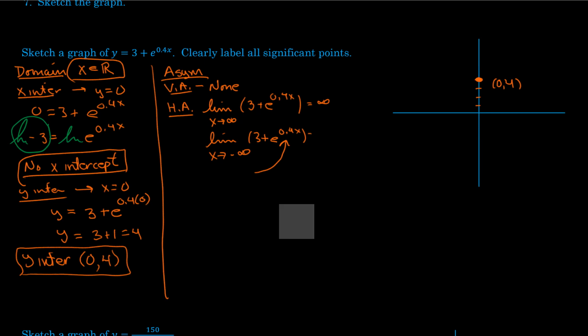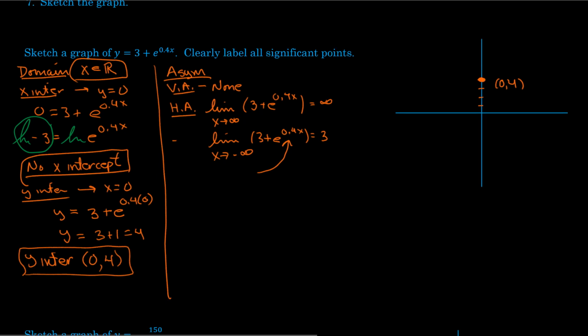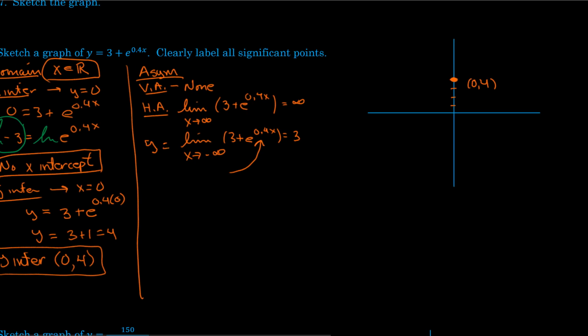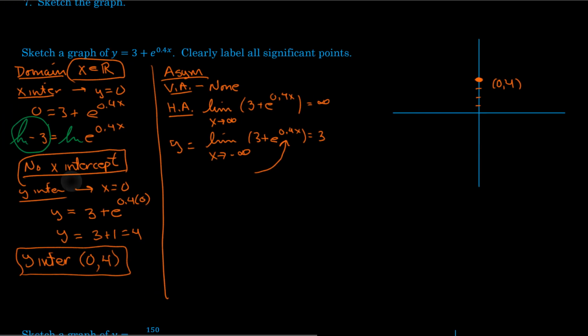This winds up equaling 3. Okay, this gives us a horizontal asymptote. Remember, horizontal asymptotes occur at y equals. Okay, so I'm going to go ahead and insert a horizontal asymptote at y equals 3.